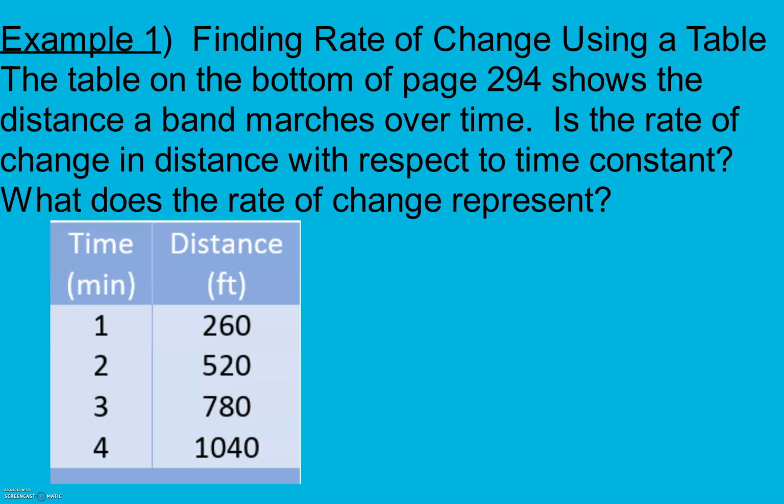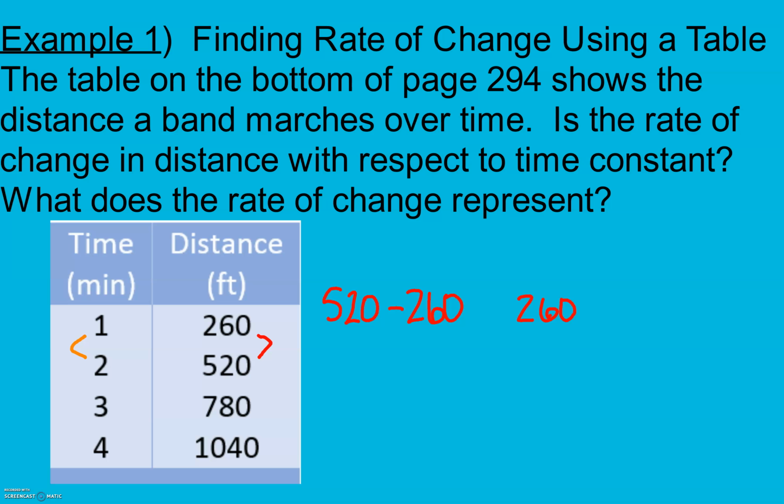For the first one, I'm going to figure out my distance change, which means I take where we stopped minus where we started. Here, I get 260. And I take the ratio of my time as well.